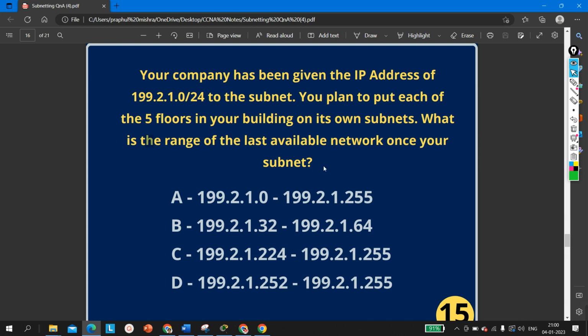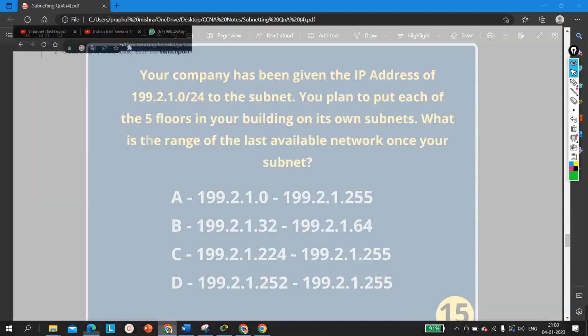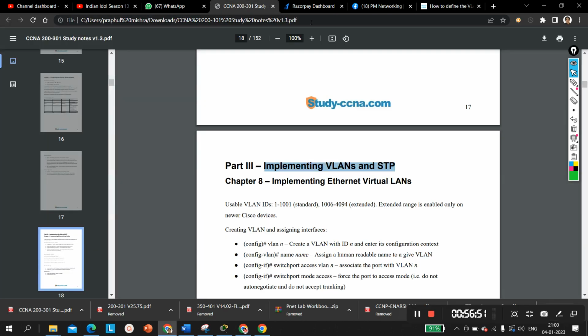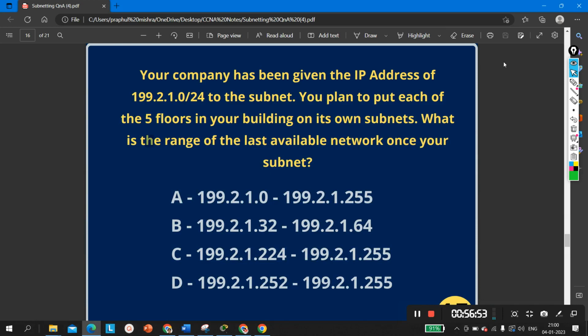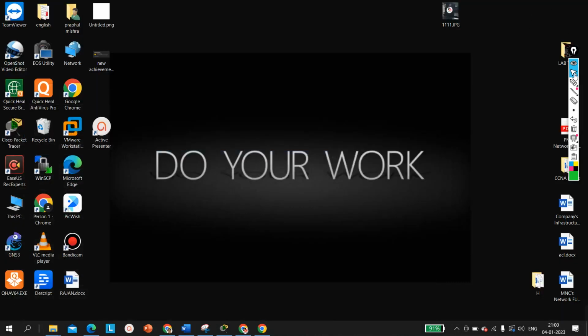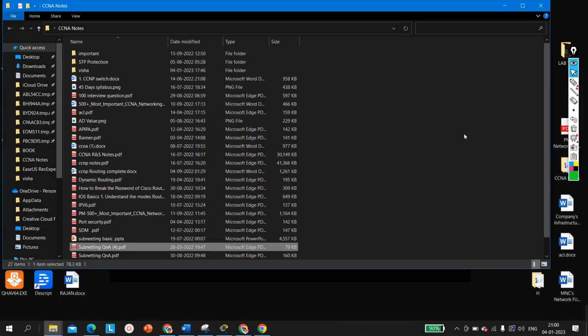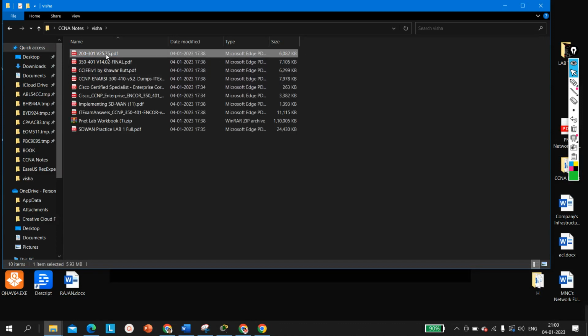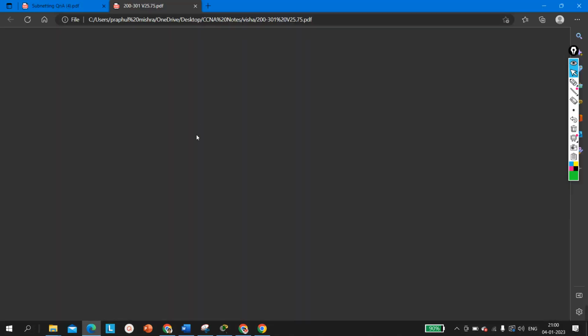I have picked this question from the CCNA 200-301 exam paper, guys. See, C is the right answer, according to me. Here you can see the exam paper.